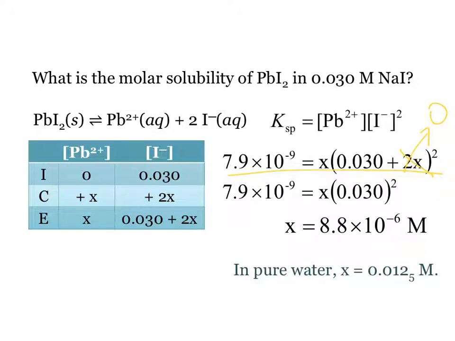Solving, we see that the molar solubility is 8.8 times 10 to the negative 6th molar, which is definitely much smaller than the value we got in pure water. This shows us that indeed the solid is less soluble because less of it dissolves when there's a common ion already present in solution.